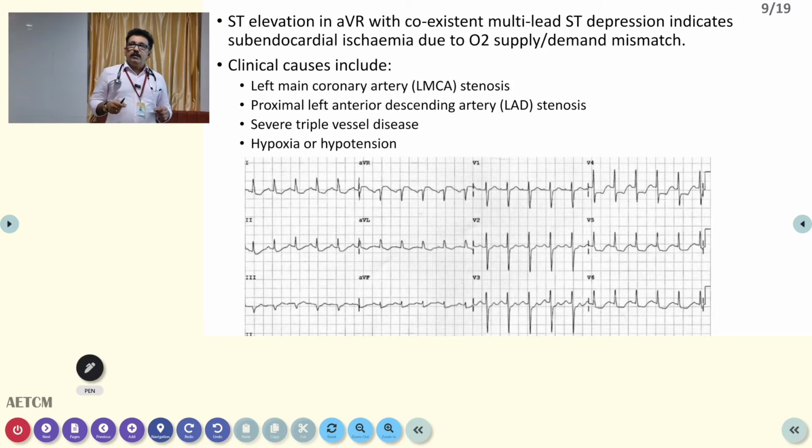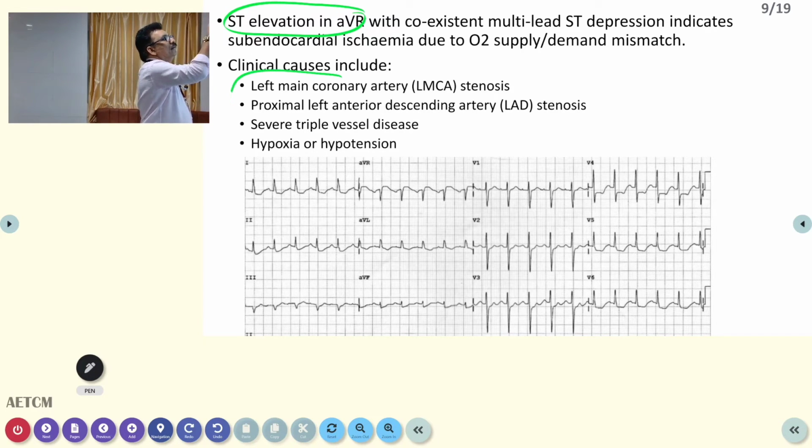So, left main coronary artery stenosis can produce AVR ST elevation, as can proximal left anterior descending artery disease and severe triple vessel disease. Hypoxemia and hypotension can also produce ST elevation in AVR. So, ST elevation in AVR is not very common.